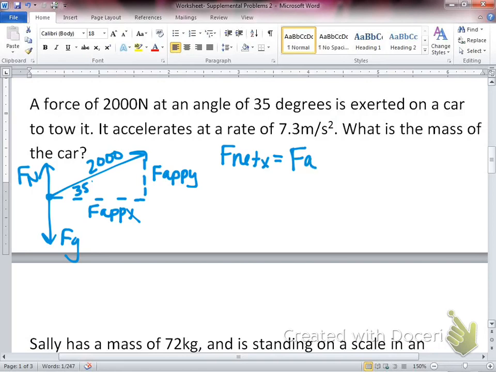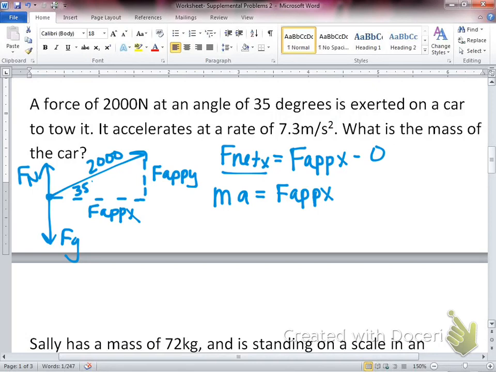F applied X. Do I have any leftward forces? No, so I can go minus 0 there. Okay? So now I can start plugging in numbers. I can start doing my substitution. So what do I always substitute in for F net? Mass times acceleration equals F applied X.